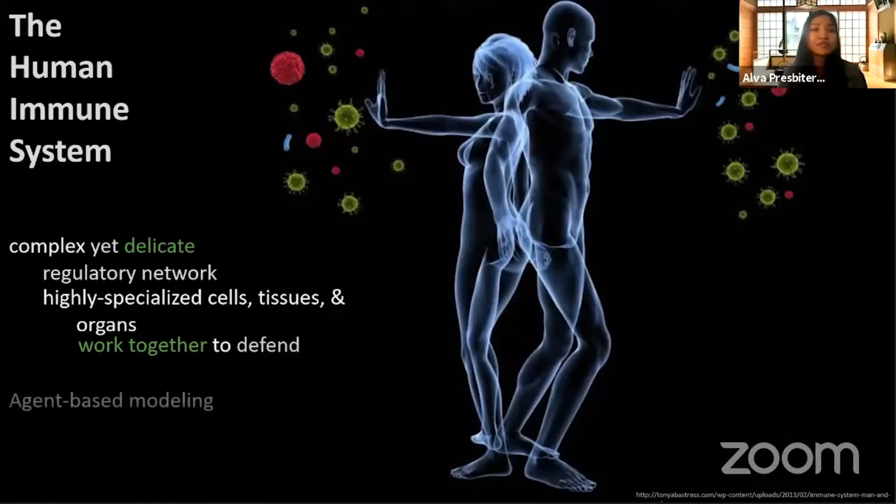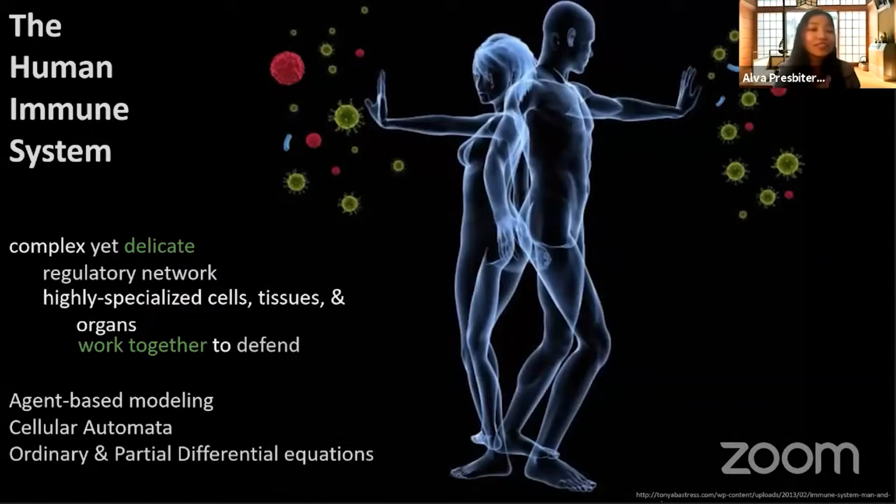Now, the human immune system has been modeled in multiple ways. One of them was agent-based modeling, and actually this is still an active, evolving field. Second would be, of course, cellular automata. Next one is ordinary and partial differential equations.